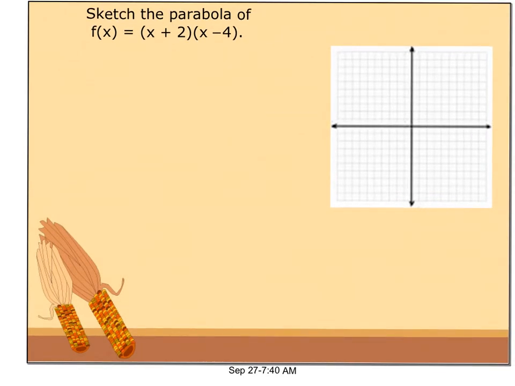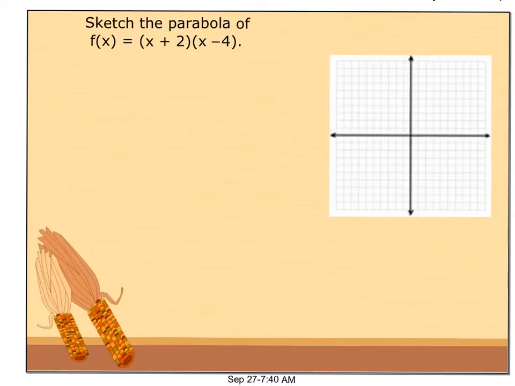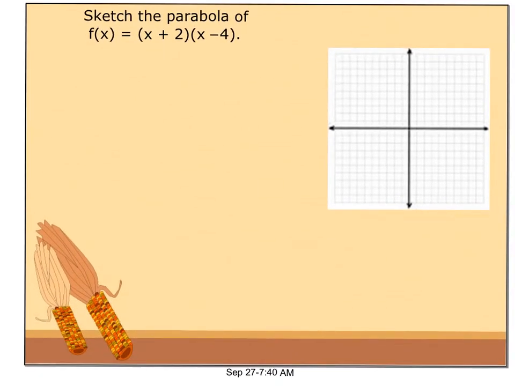I mean, the only real difference that I'm going to do here is that the y-intercept is not easily accessible. So I'm going to use my two factors, set those equal to 0. And as reference points for my graph, I am going to use the x-intercepts.